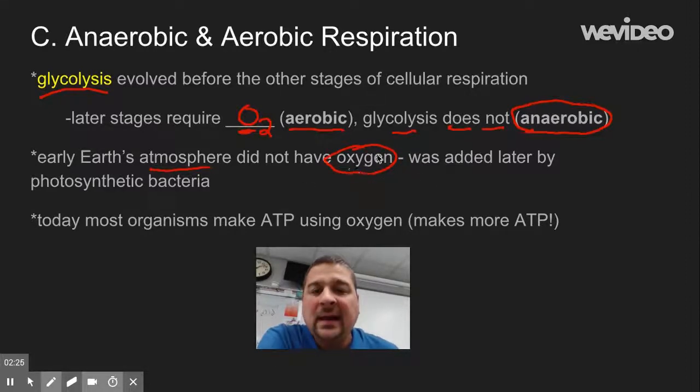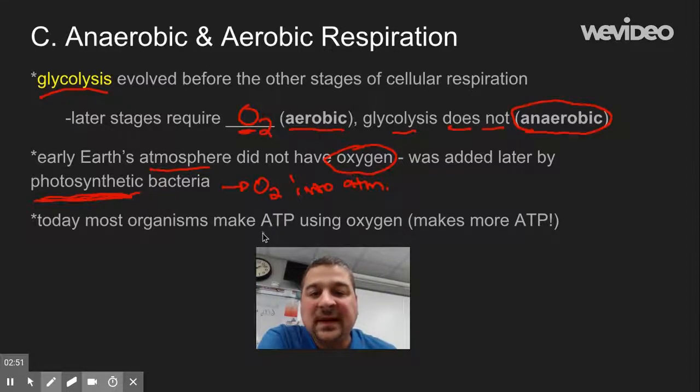The oxygen wasn't even available until photosynthetic bacteria started to take over and put oxygen into the atmosphere. And as the oxygen in the atmosphere started to build up, we think that organisms evolved these later steps to get more energy out of the glucose molecule.